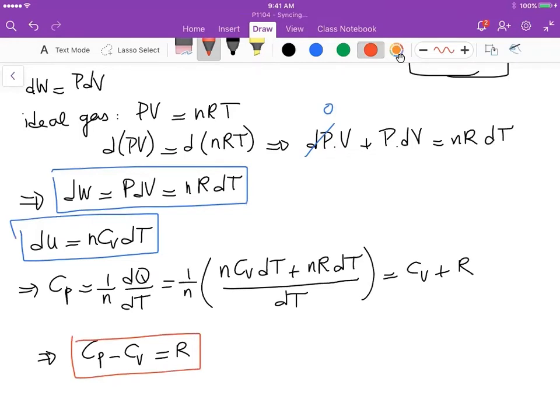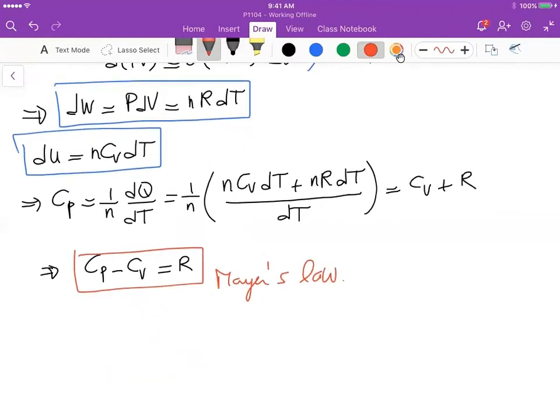The heat capacity at constant pressure is always greater than the heat capacity at constant volume. يعني the amount of energy that you need to increase the temperature of an ideal gas at constant pressure is more than what you need to increase the temperature of this ideal gas at constant volume. And the amount قد ايه الفرق بيناتهم هو عبارة عن ال R. So this we call Mayer's law. And we should know this, we should keep this in mind, okay?